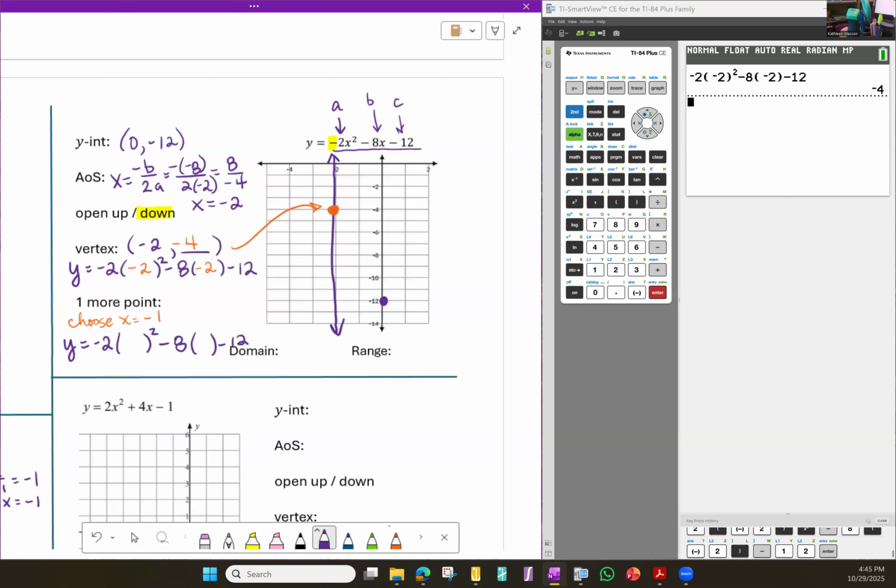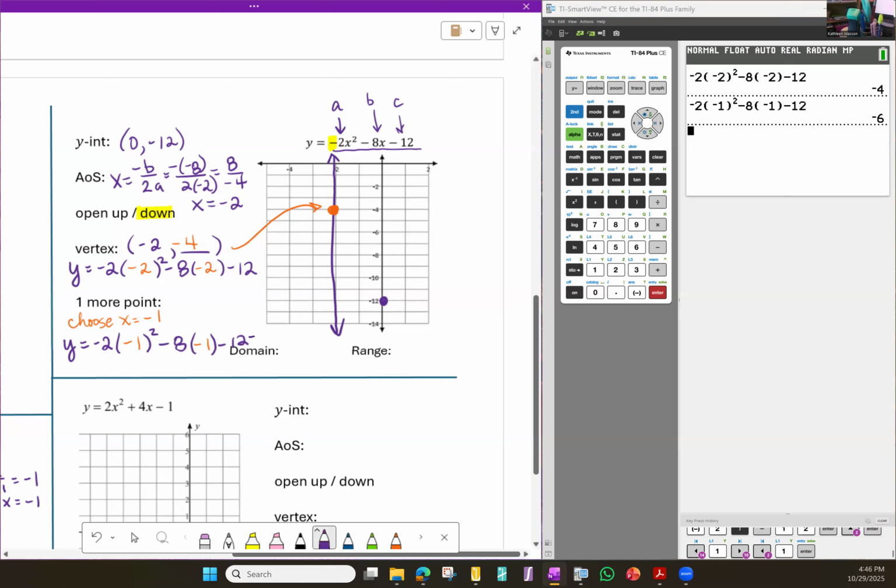I'll put -1s in there where the x's go. I can just edit my previous calculation, change -2 to -1. Y is -6. So there's a point at (-1, -6) as well.